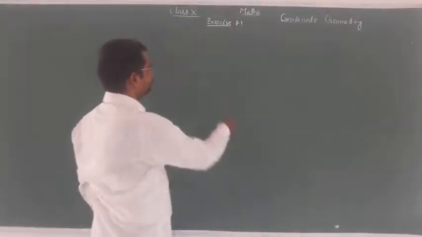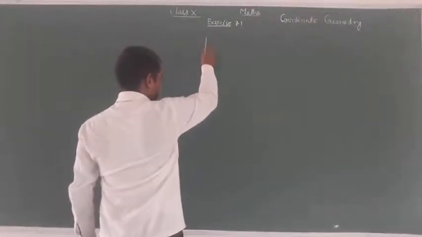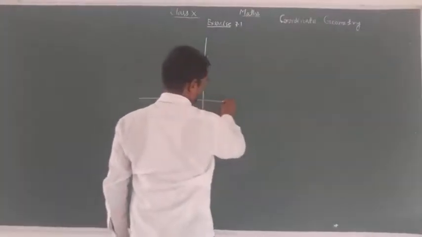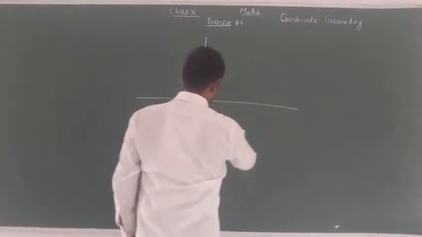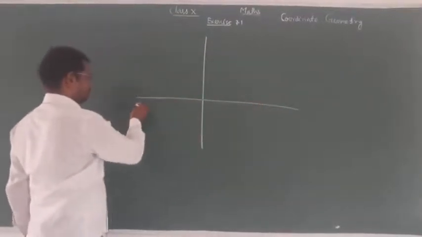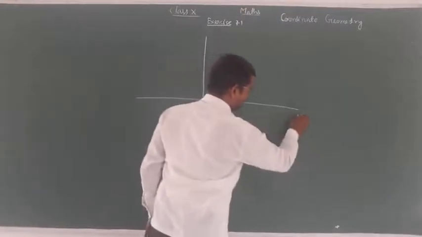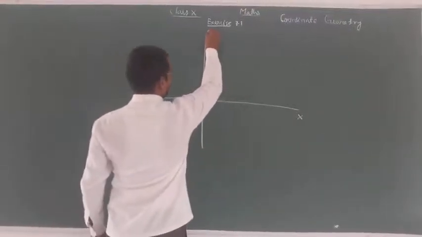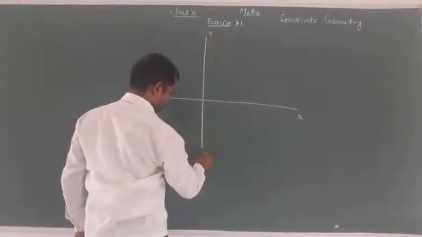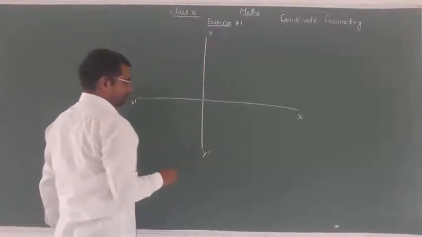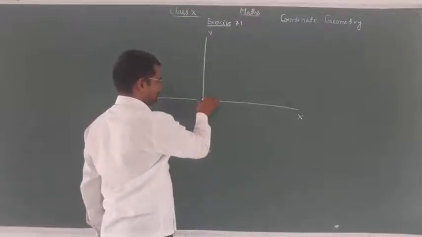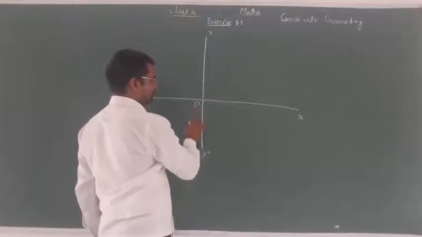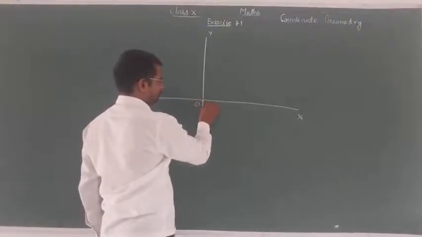So now, in a Cartesian plane, two lines, the x dash horizontal line and the y dash vertical line, intersect each other at a point O. It is called the origin, and the coordinates of the origin are 0, 0.